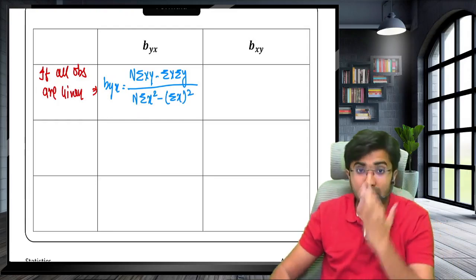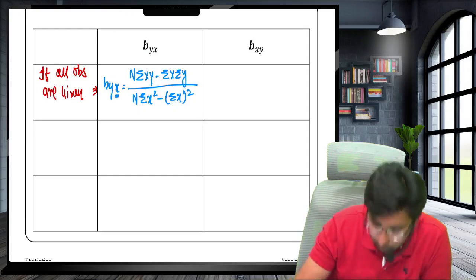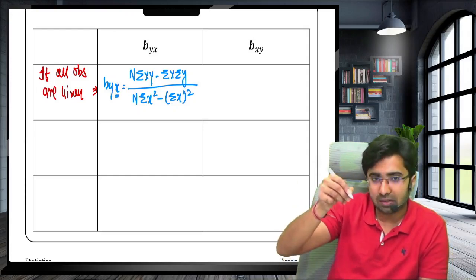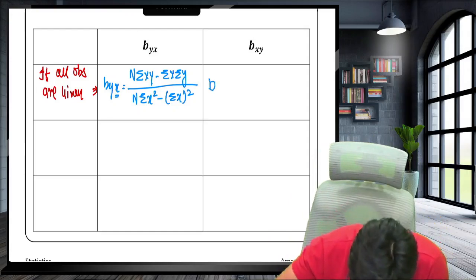Guys, can you see here, b y on x, y on x means it ends on x, so in the denominator there will be x. What will be x on y?